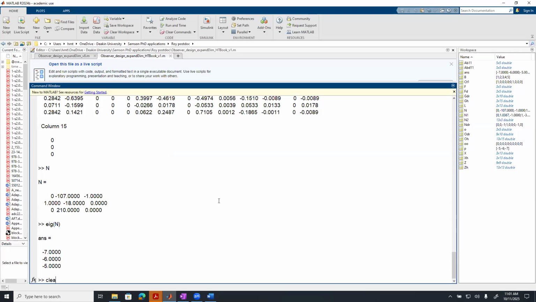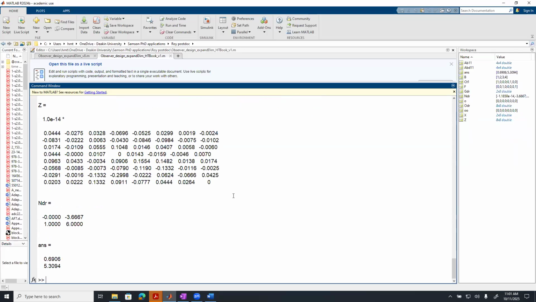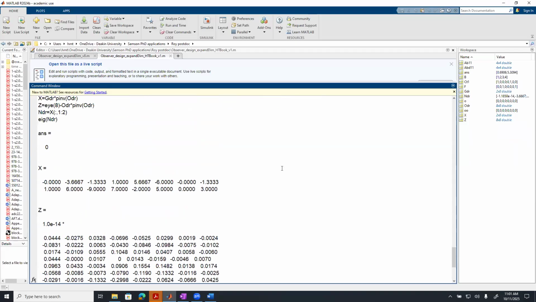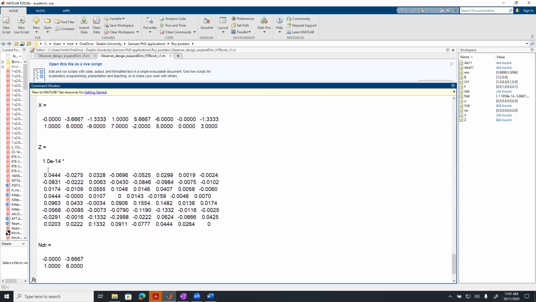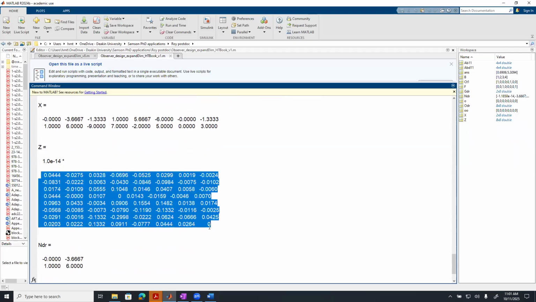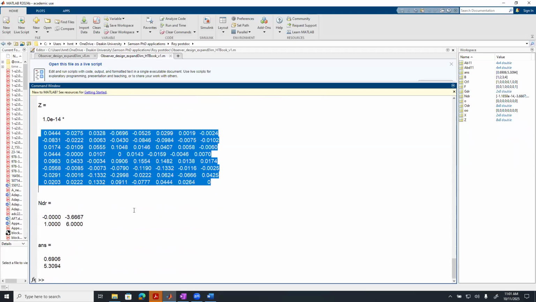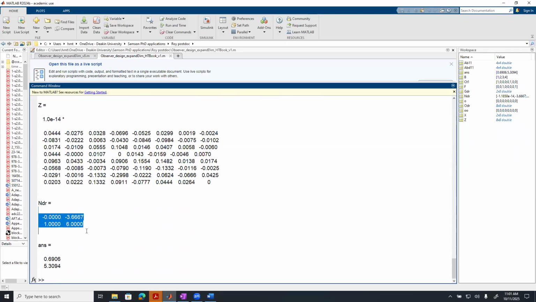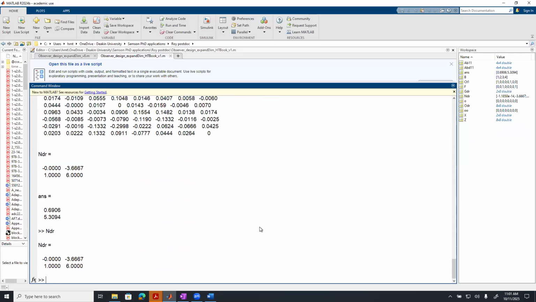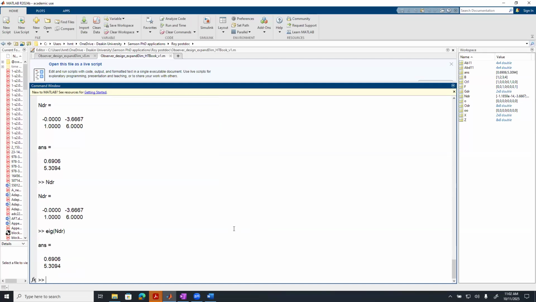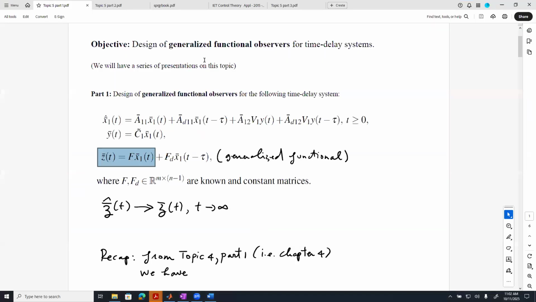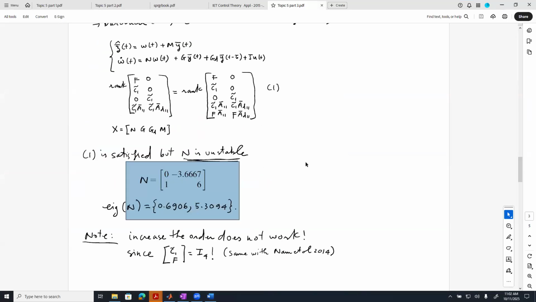As I mentioned before, when we apply this method, the issue is that the freedom we have is basically nothing, and as a result we have a fixed matrix N, which I call N the root here. When we look at the eigenvalues of this matrix, it gives us two unstable poles. So we basically have a problem here.